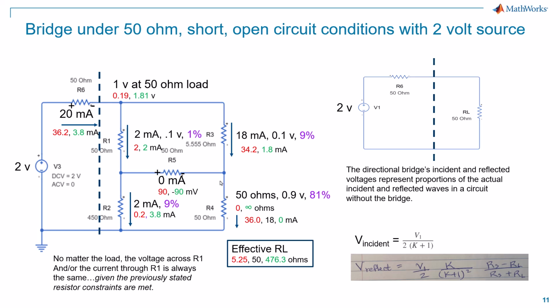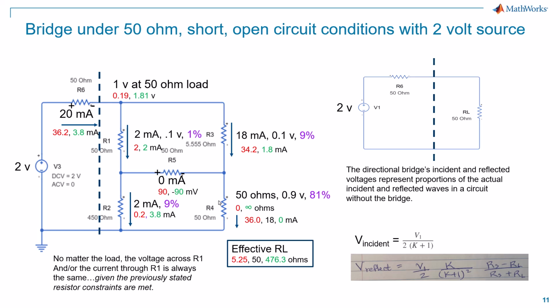So at the extreme short circuit condition, for this 10-to-1 sampling bridge, the reflected voltage is going to be 10% of the normal or bridge balance voltage at the load. It just happens to work out like that.